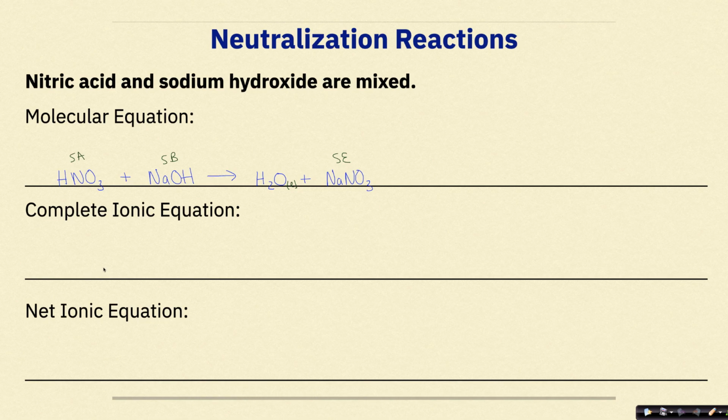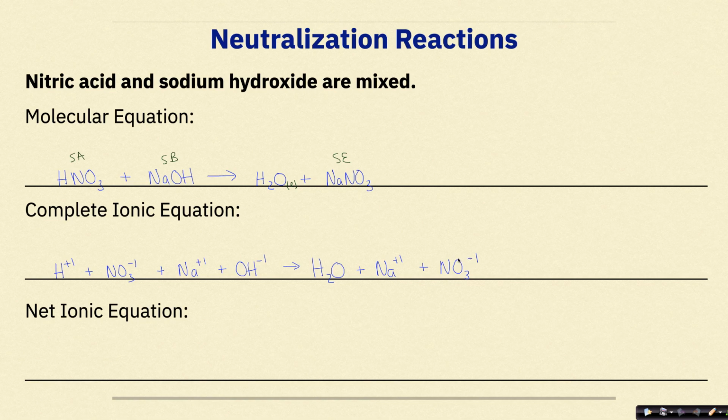So when I rewrite this, I'm going to write H+1 plus NO3-1 plus Na+1 plus OH-1 yields H2O plus Na+1 plus NO3-1.